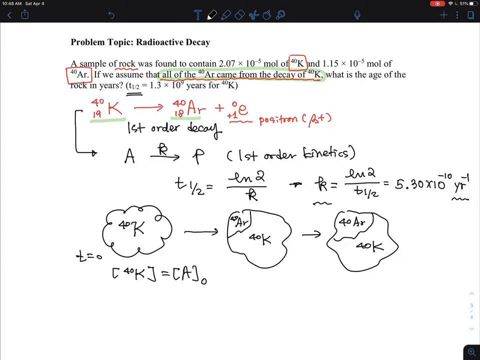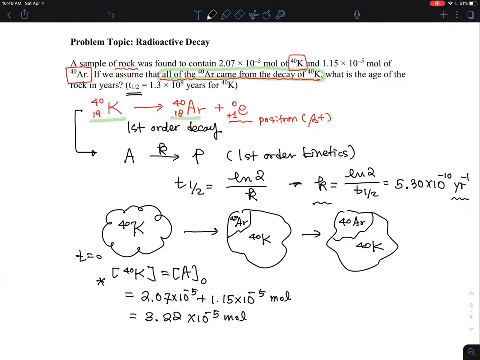Therefore my A naught here, which is the initial number of moles, is essentially the summation of 2.07 times 10 to the minus 5 plus 1.15 times 10 to the minus 5 mole. One is potassium, while the other is argon. That is 3.22 times 10 to the minus 5 mole.